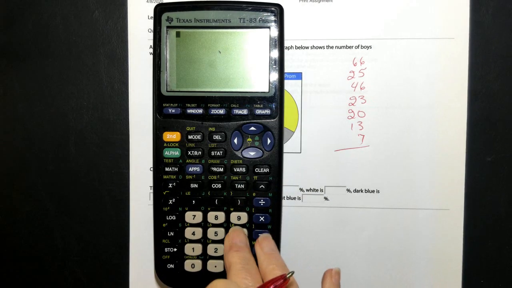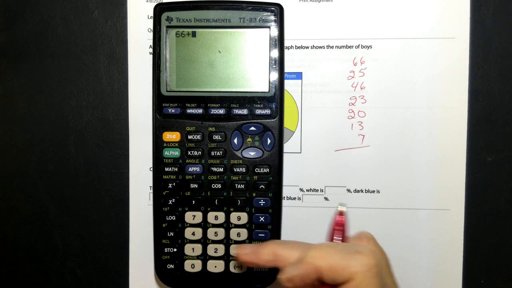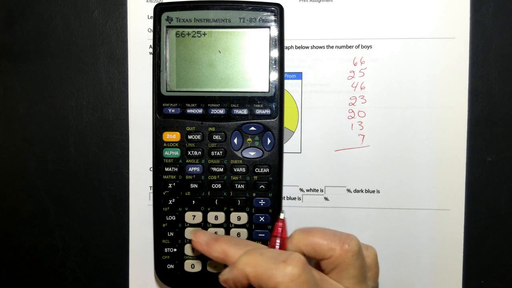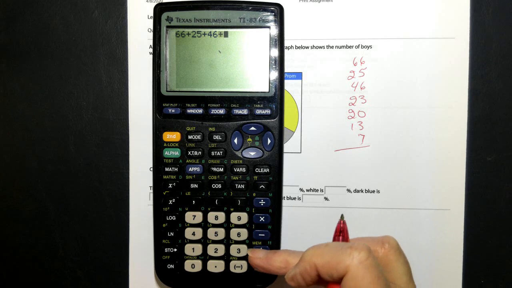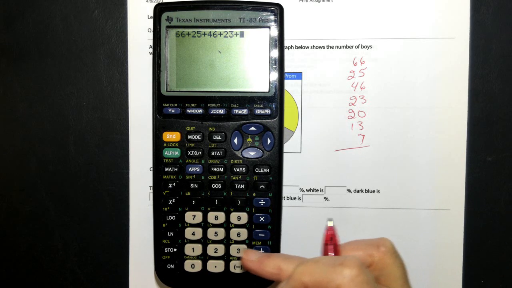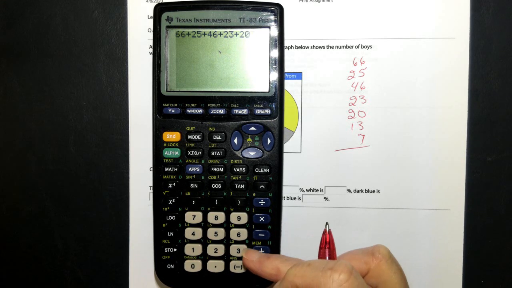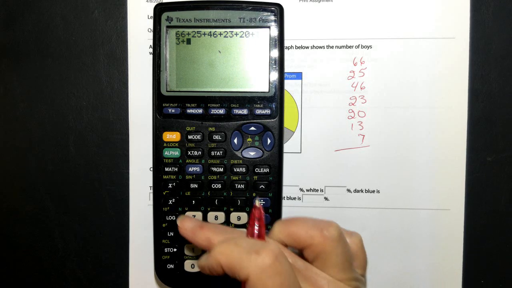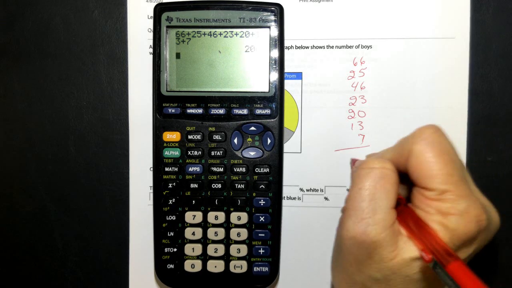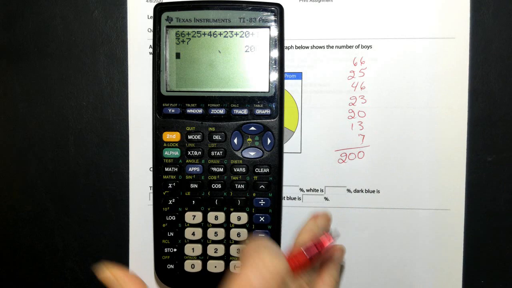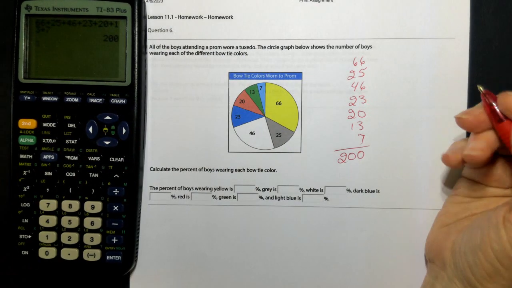All right, so let's add those together. 66 plus 25 plus 46 plus 23 plus 20 plus 13 plus 7. Now remember, your numbers might be different in your particular problem than this one.